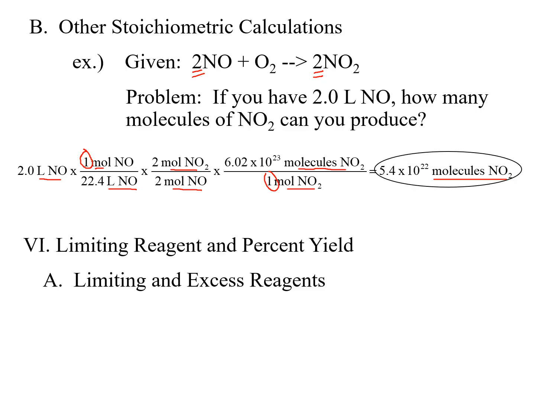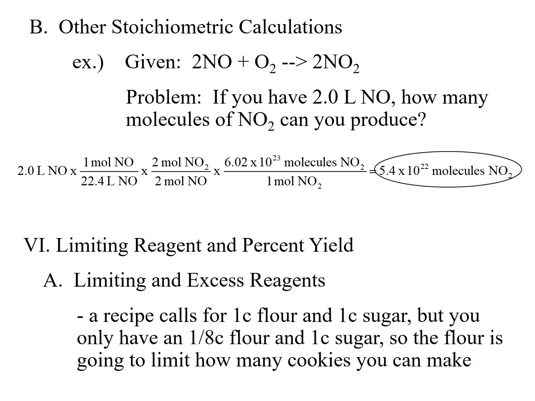So you notice this setup, this problem, looks almost exactly like the one we just did. It's 3 steps. It has a mole ratio in the middle, right? It's got a conversion at the beginning that changes whatever units we started with into moles, and then it ends with moles to whatever units you're looking for.